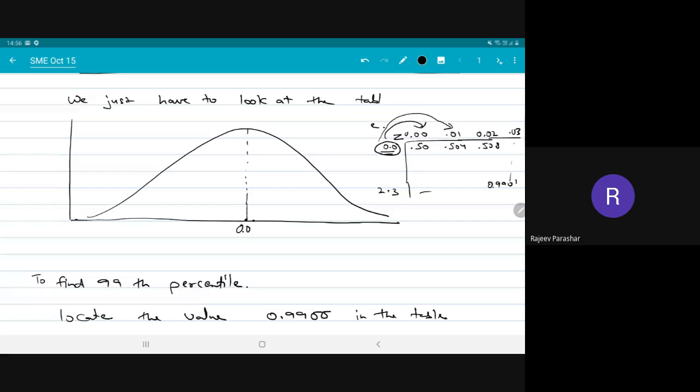So from this we can read that 2.33 is the value to the left of which the area is 0.9901. That is the closest value to 0.99. Is this clear? How do we locate the percentile for a standard normal distribution?